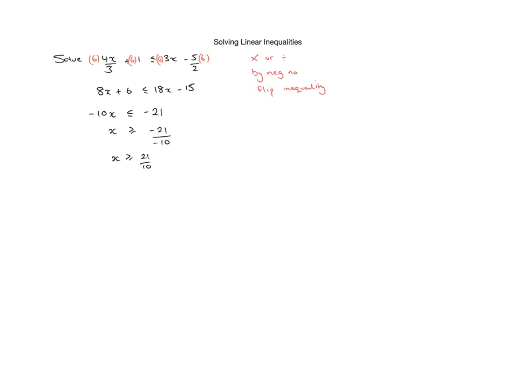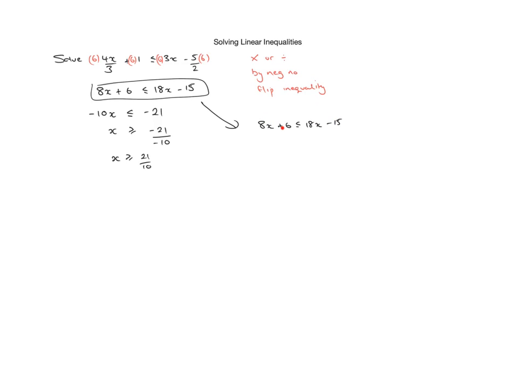Now, if I come back up here, I'm just going to rewrite that. 8x plus 6 is less than or equal to 18x minus 15. And instead of working everything on the left-hand side, suppose that I brought the x's over to the right-hand side. So this 8x here, I'm going to throw across to this side.